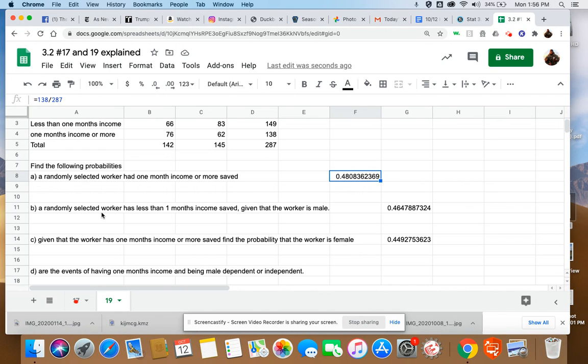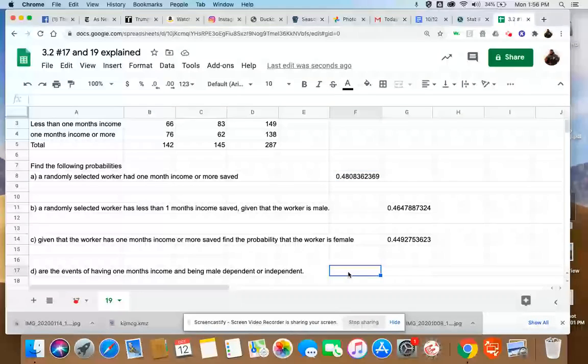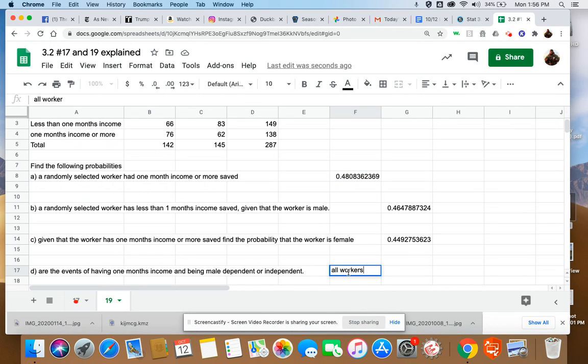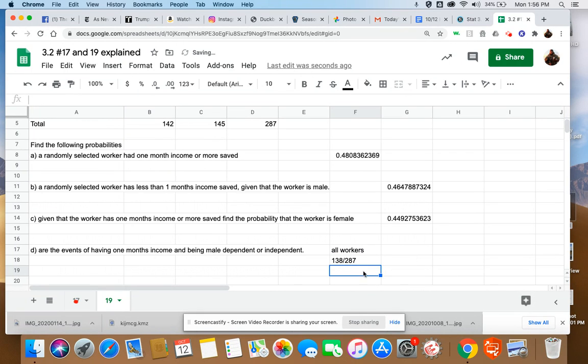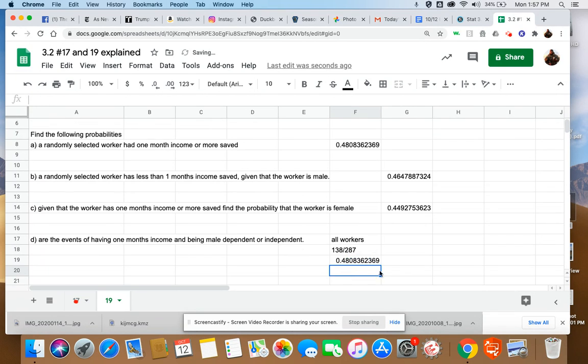Let's strictly look again at the 1 month's income or more. We know if we look at all the workers, that's the 138 divided by 287, and we know that equals, type it in here again, 138 divided by 287, because sometimes it's helpful to look at the decimal. Okay, we have that decimal there.